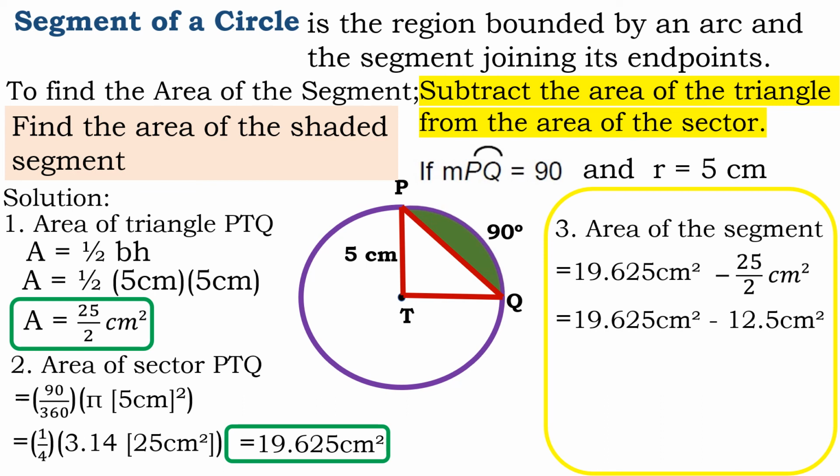Let us simplify first. 25 over 2 is equal to 12.5 square centimeters. So therefore, the area of the segment is equal to 19.625 square centimeters minus 12.5 square centimeters, which is approximately 7.125 square centimeters.